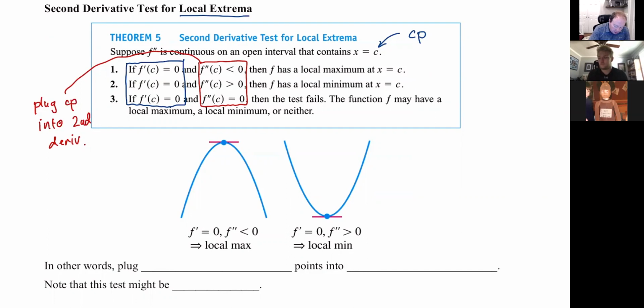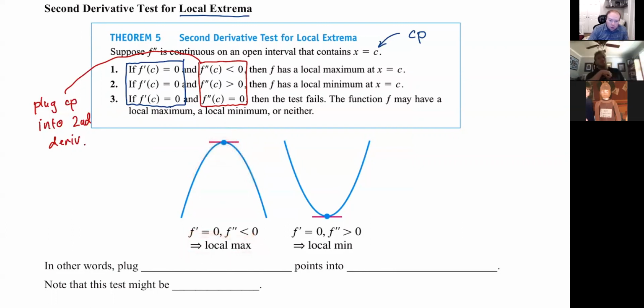First, if you plug the critical point into the second derivative and you get a negative value, think about what the second derivative is telling us. It's talking about concavity. So you have a scenario where you're concaving down, and you'll have a local max, because that's where a critical point is.